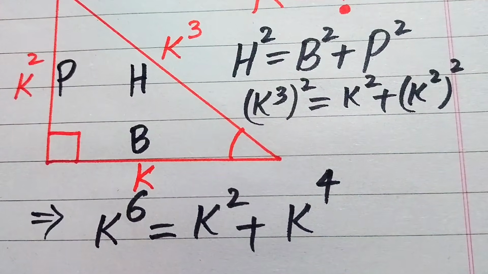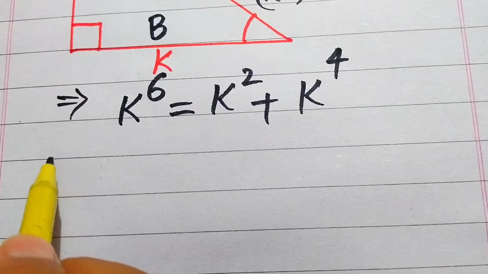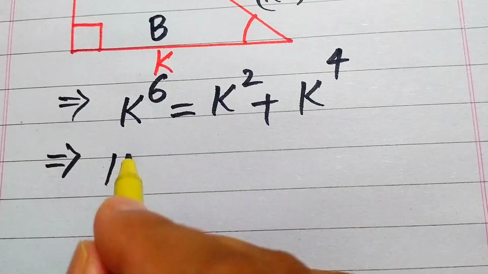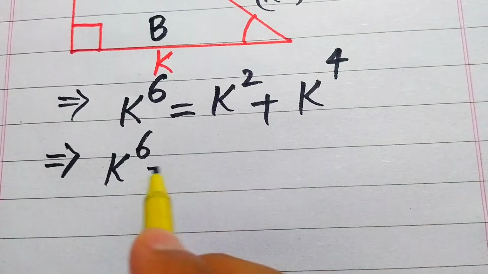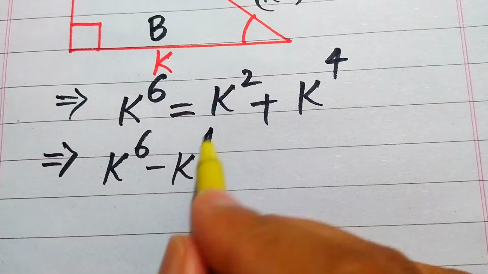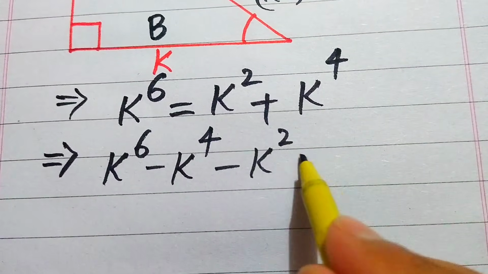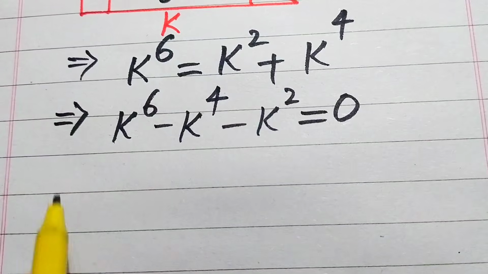So we have converted our equation into this simplified form. Now we move all the terms from the right hand side to the left hand side, and this is written as k to the power of 6, the positive term becomes negative k to the power of 4, the positive k square becomes negative k square, and this whole equation is equal to 0.